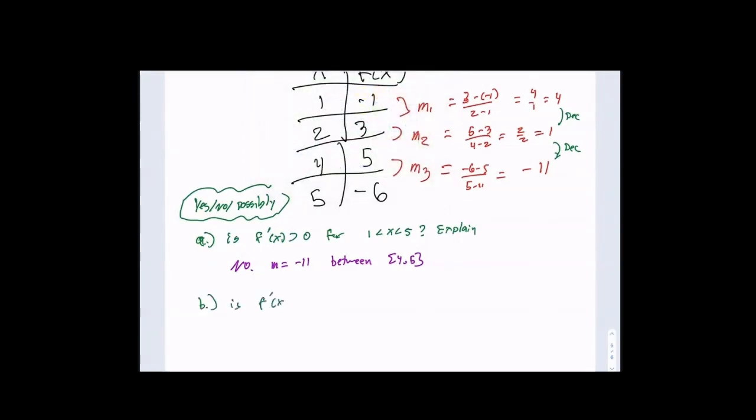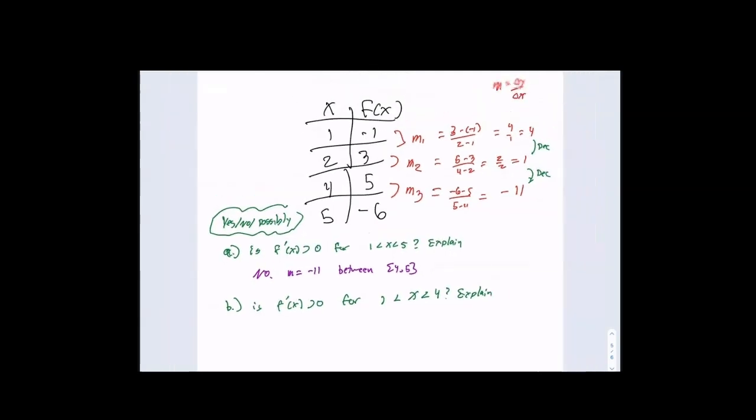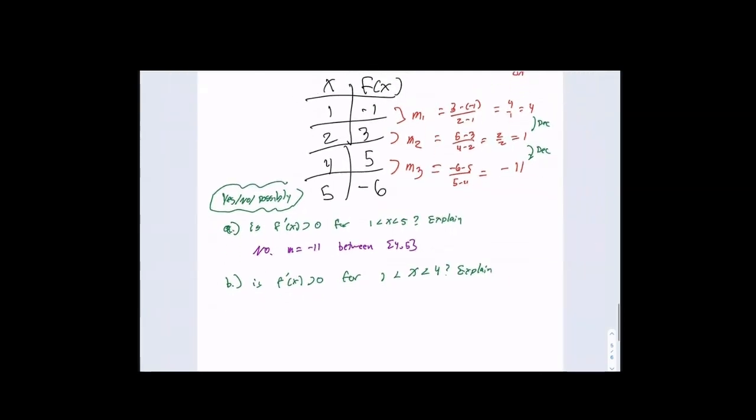Is f prime of x greater than 0 for 1 less than x less than 5? Oh, sorry, less than 4. Explain. Is the slope positive between 1 and 4? Yes, no, possibly.